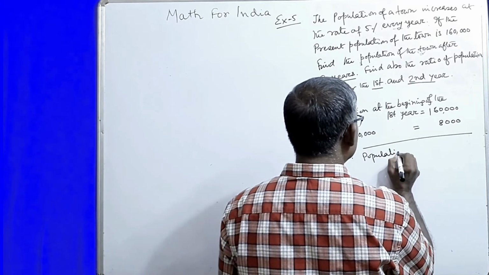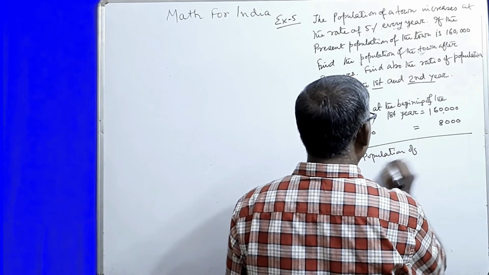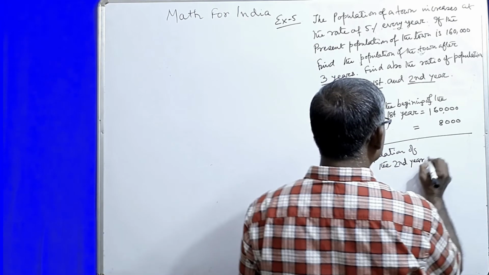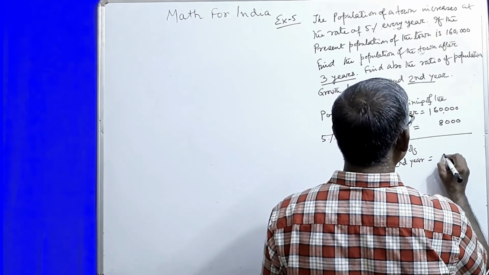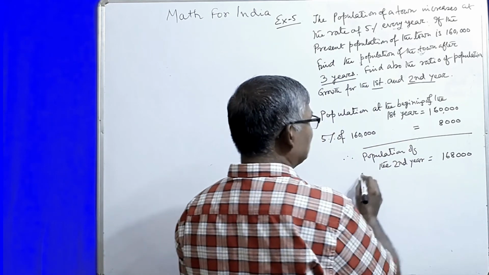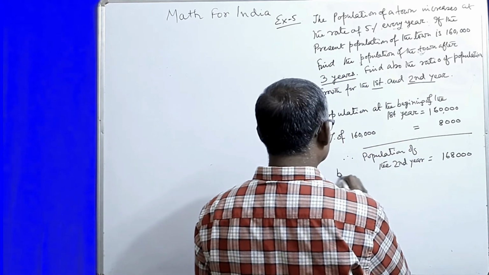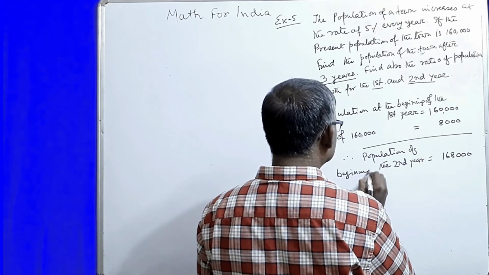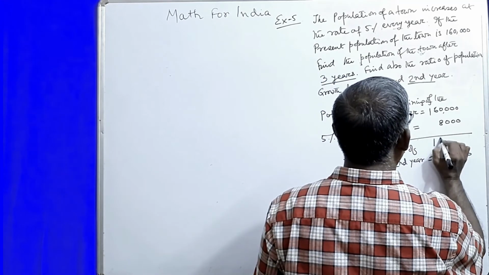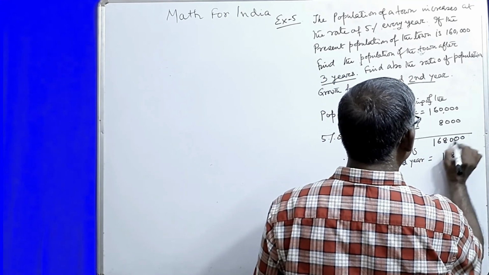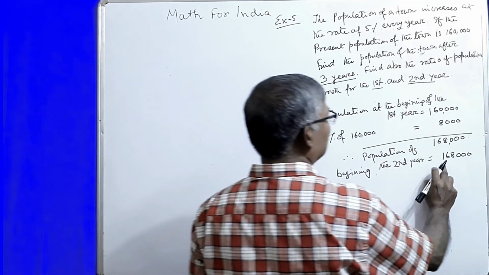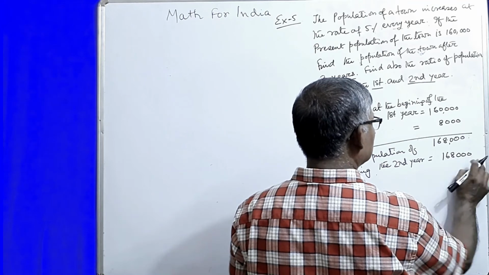Therefore, population of the second year equal to 1,68,000. Population at the beginning of the second year, because at the end of first year population will be 1,68,000, that is beginning of the second year will be 1,68,000.